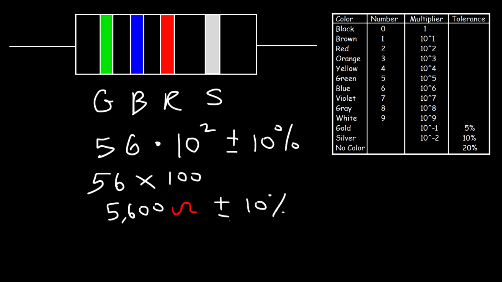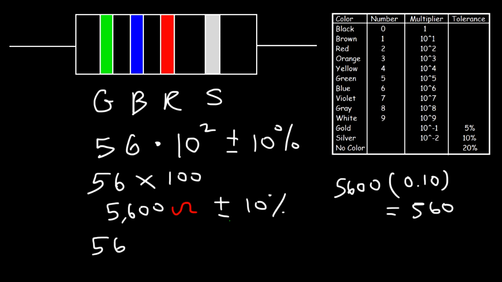Now let's calculate 10% of 5600. So 5600 times 10%, which is 0.10. To convert a percentage to a decimal, you can divide by 100 or move the decimal point 2 units to the left. 5600 times 0.10 is 560. So basically, we need to add or subtract 560. 5600 plus 560 is 6160, and 5600 minus 560 is 5040.